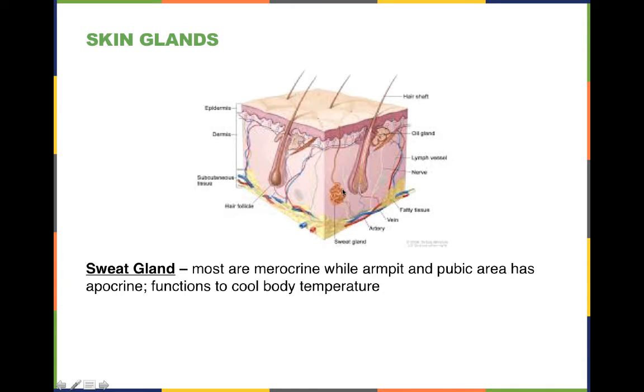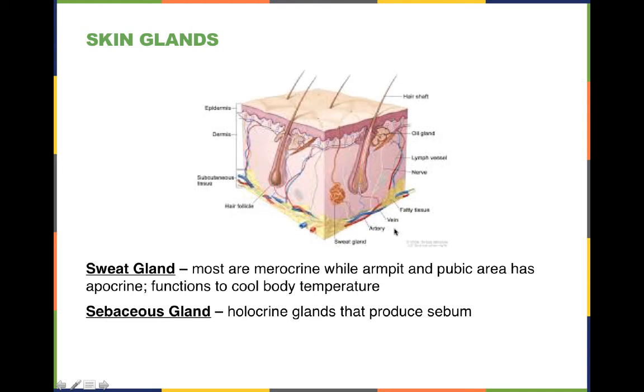It merely secretes its material into the duct. But under the arm and in the pubic area, they become apocrine, which means they lose part of the cell in the process of secreting their material. The function of sweat glands is to cool the body.